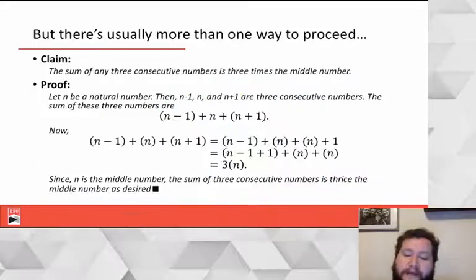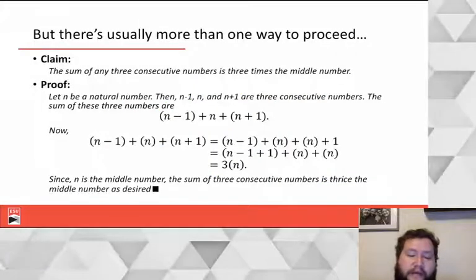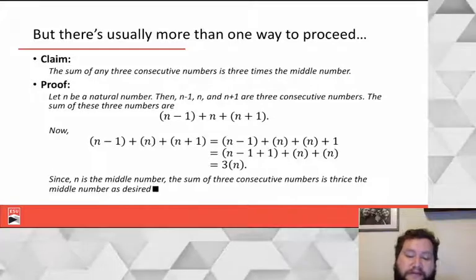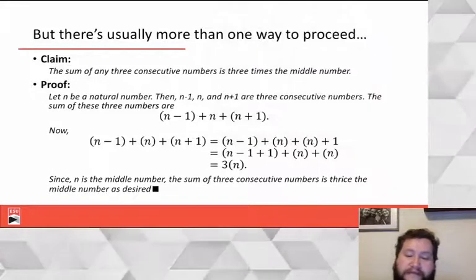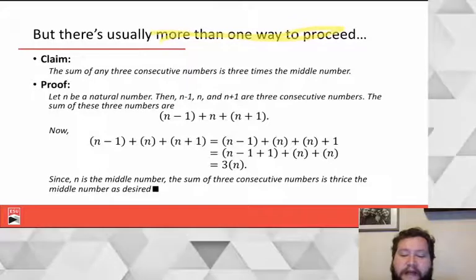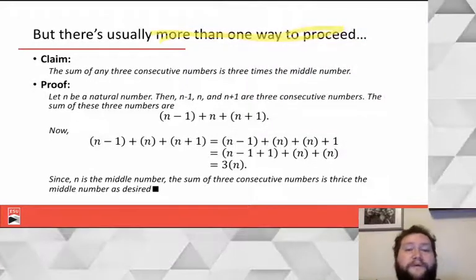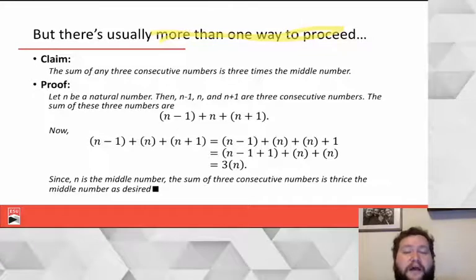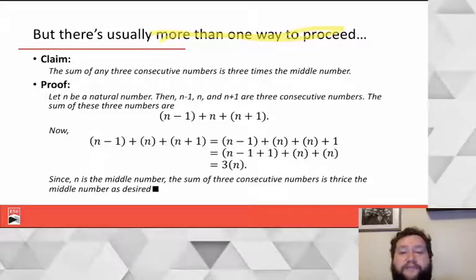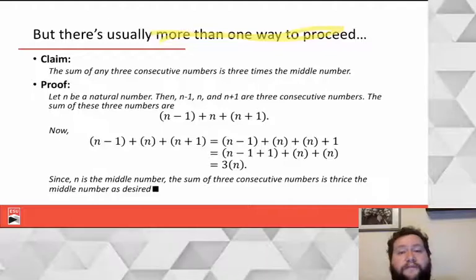And so something I want to really emphasize is usually there's more than one way to proceed. Sometimes we might prefer one way because it's shorter, where we don't have to do as much work. Other times we might like a process because it's clearer.